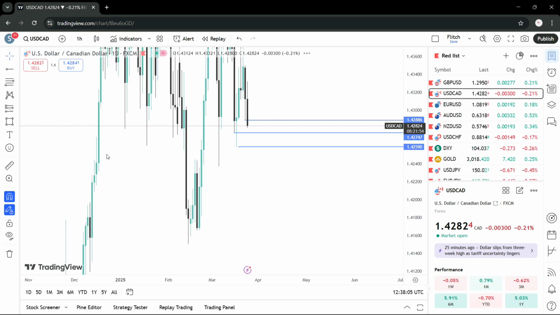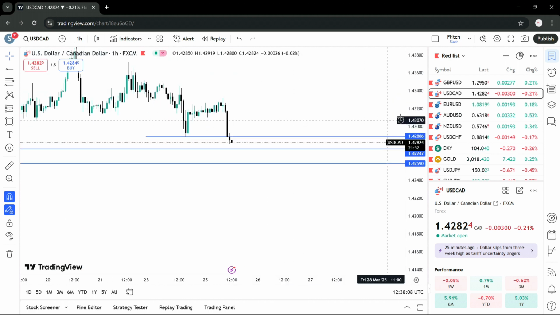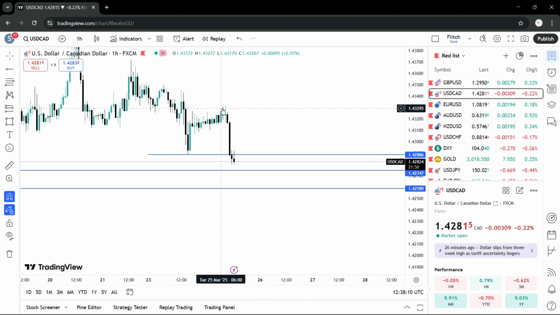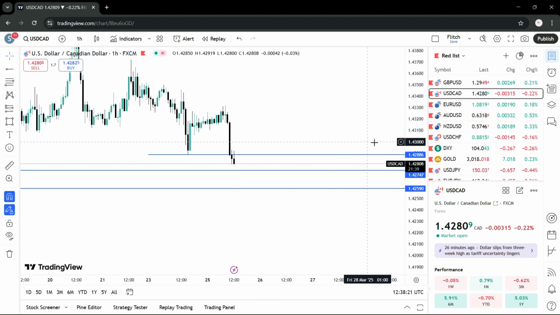Moving down, we can see that strong bearish candle to the downside. We see a reversal pattern right there. Market drops dead to the downside, and we can see it still moving downwards.